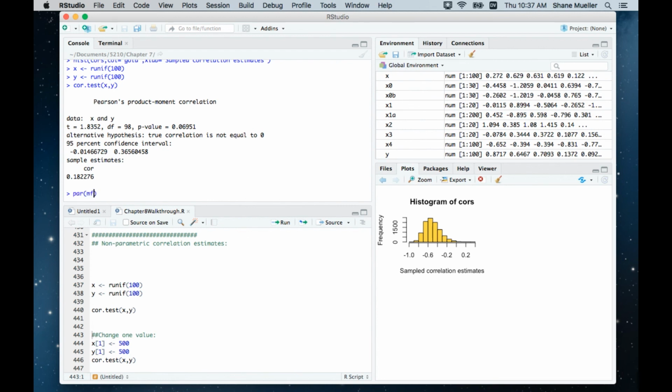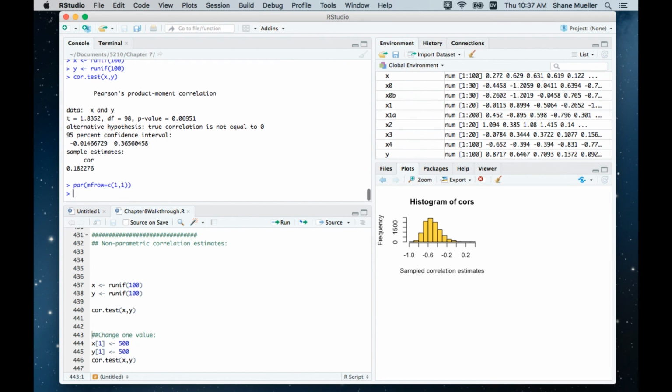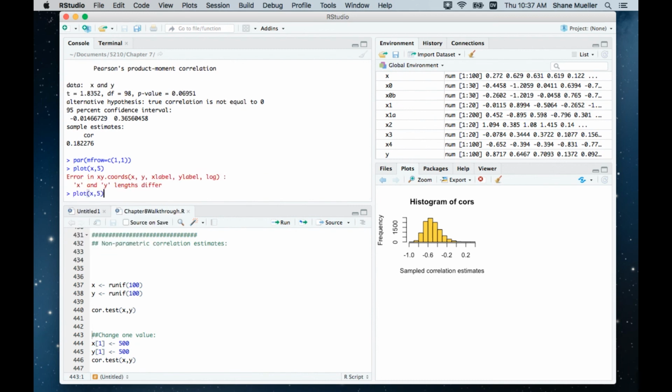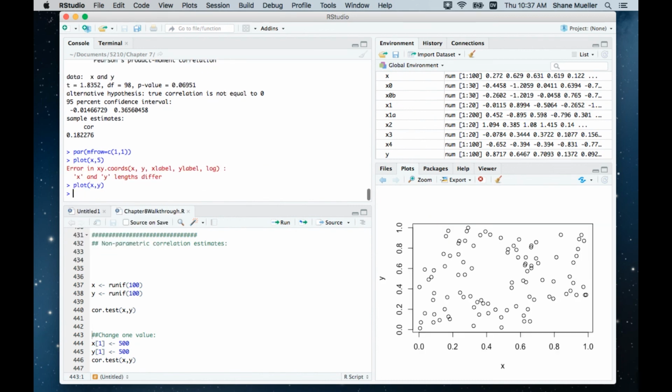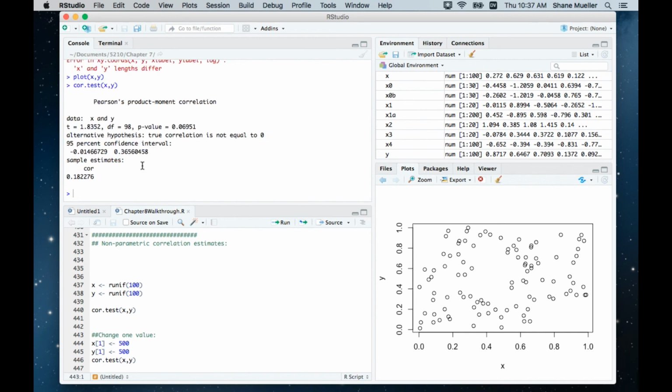If I plot X and Y, there's a small correlation here. But what if I change just one value? Well, there's actually no real correlation. These are independent, but it looks like it might be slightly positive. And if I do this, you can see the p-value is 0.069, with a correlation of 0.18.